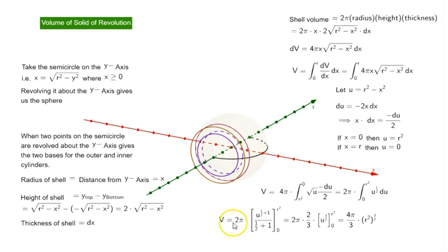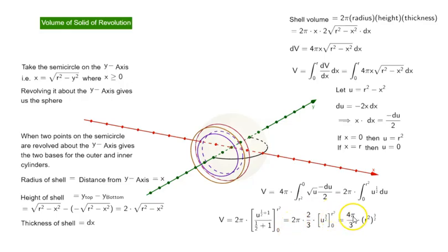And now we actually do the integration. So V is equal to 2 pi times u to the power of 1 by 2 plus 1, divided by 1 by 2 plus 1, from 0 to r square. In the denominator we have 1 by 2 plus 1, which is 3 by 2. If we bring it to the numerator, we take the reciprocal, so it becomes 2 by 3 times u to the power of 3 by 2 from 0 to r square.